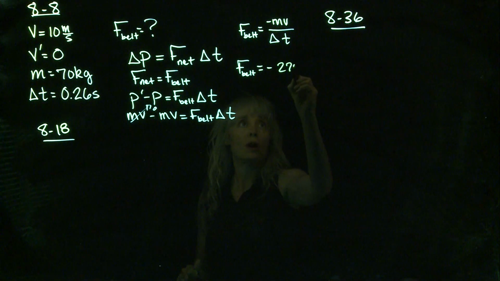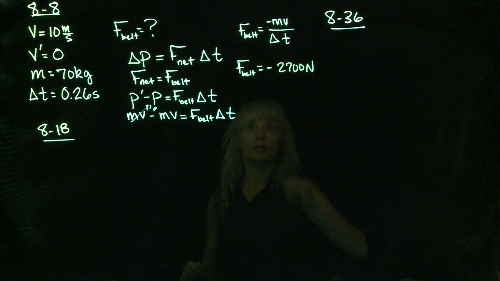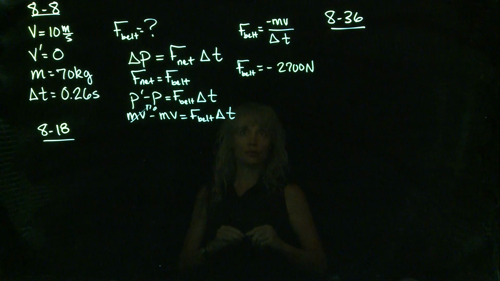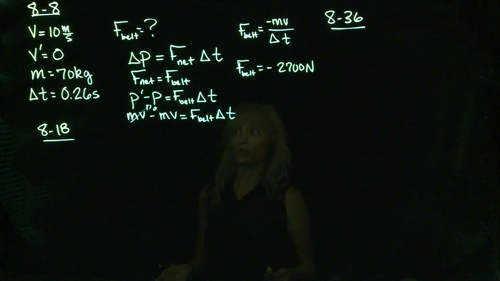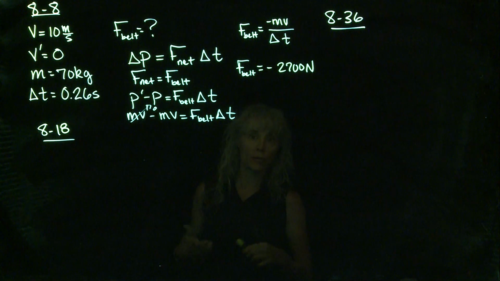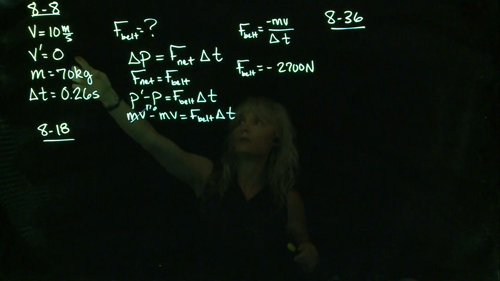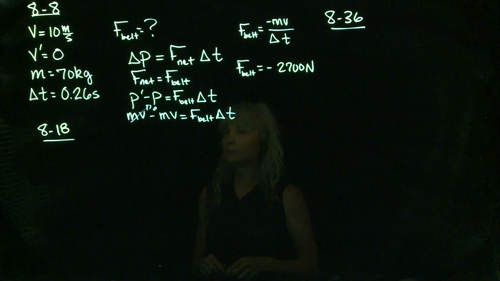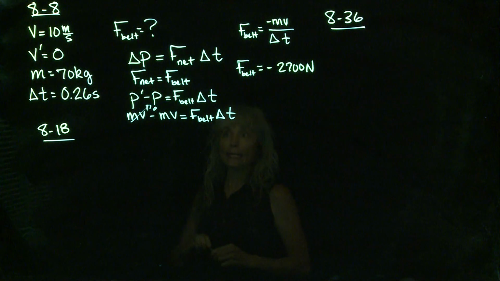And again, directed opposite to the velocity. It's a pretty large force being exerted by the seatbelt on the driver to bring him from an initial velocity of 10 meters per second directed in the positive direction to a velocity of 0. So that wraps up 8.8.